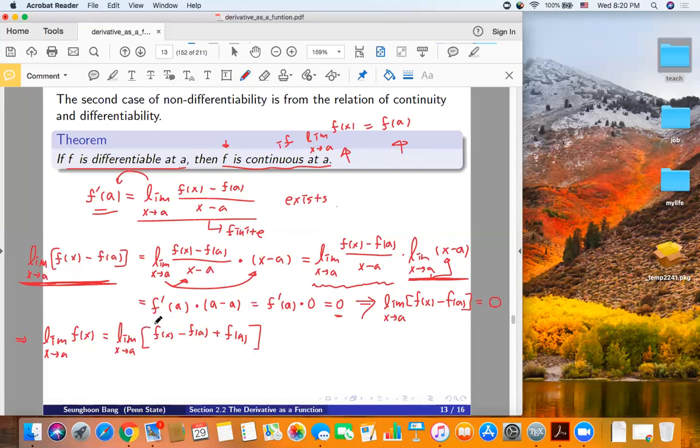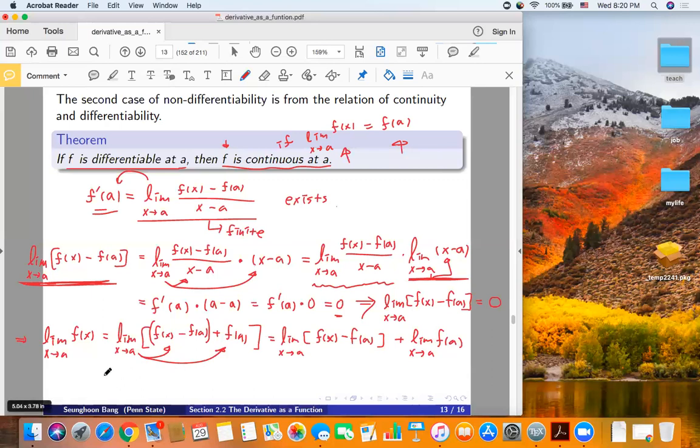The next grouping: distribute the limit to the first and second one. The limit as x approaches a of f of x minus f of a, plus the limit as x approaches a of f of a, like this.